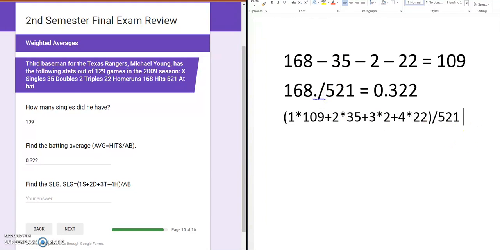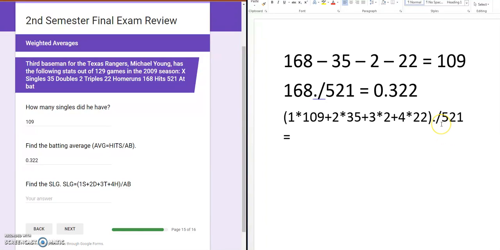And then you put that into the calculator, and again, if you just put a decimal right there before the division sign, it should give you the decimal form. So 109 plus 2 times 35 plus 3 times 2 plus 4 times 22, all divided by 521.